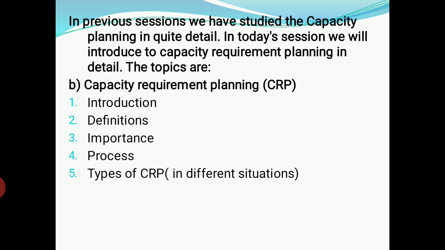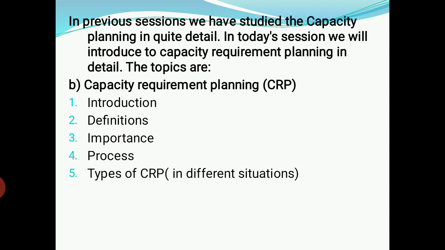So it is more or less a connected topic, but capacity planning can be an overall kind of planning in which we are taking all the installations together, all the assets together, and how the capacity can be worked out, that is being done.